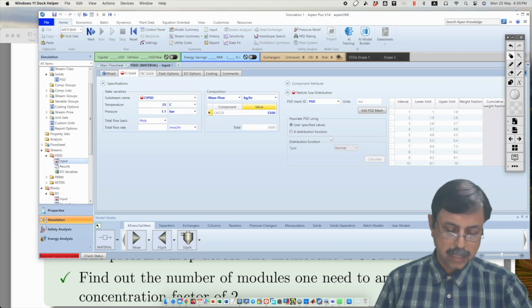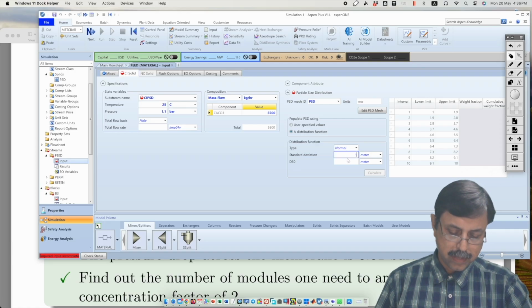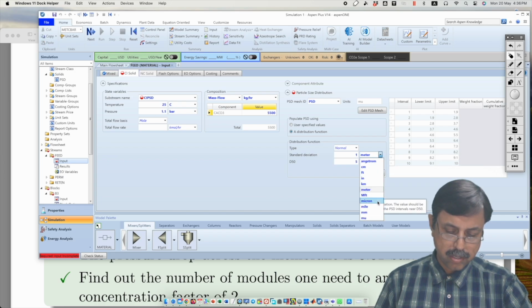So the distribution function is normal, standard deviation 1, and d50 5, and both are in microns.